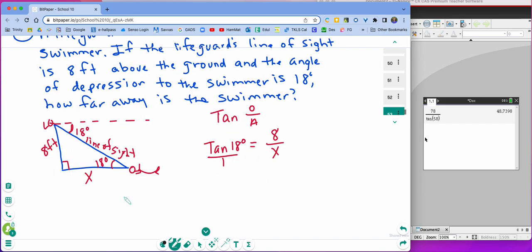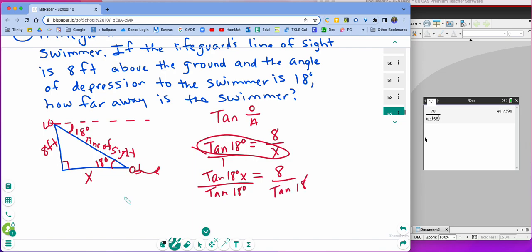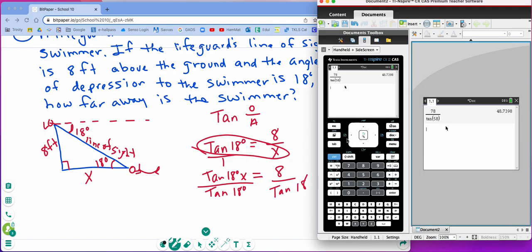I'm going to go ahead and do my butterfly. So I have the tangent of 18 degrees times x is going to be equal to 8. I'm going to divide by the tangent of 18 on both sides. So I'm going to take my calculator and do control divide.